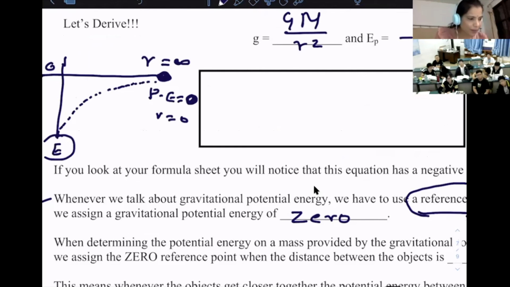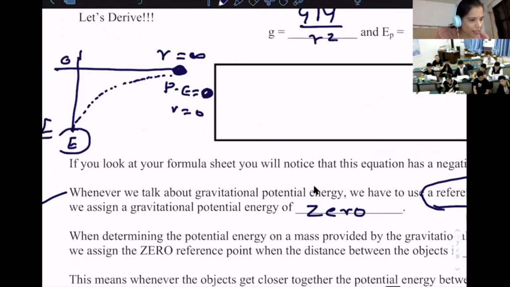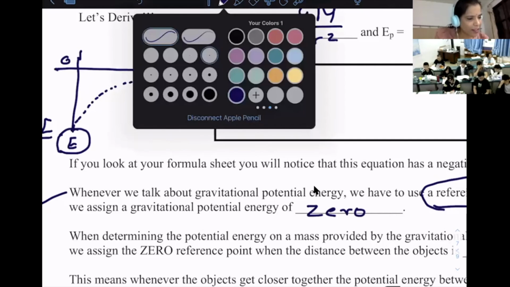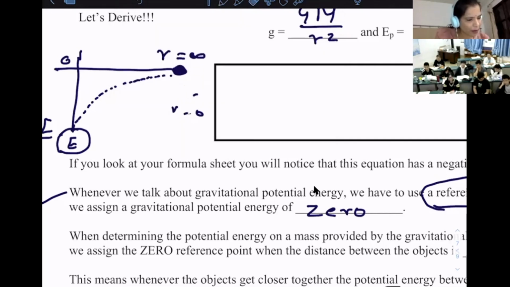Okay? This is the point we discussed yesterday, right? This graph. This is our reference point where PE, the gravitational potential energy, is 0. That is your reference point. Gravitational potential energy here is 0, and V is 0.